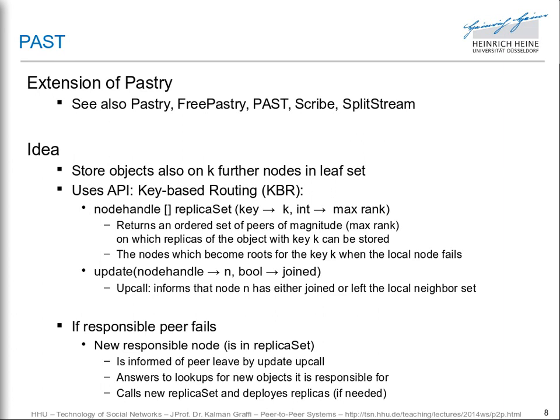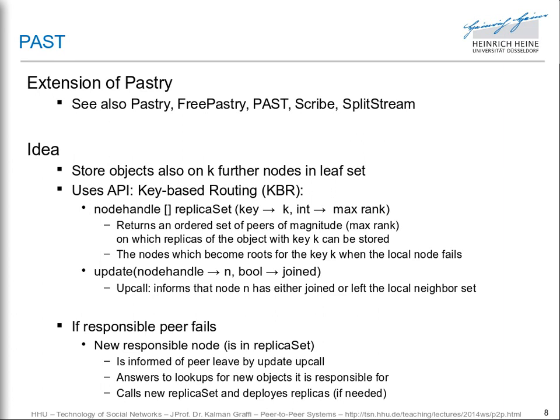The authors also developed Scribe, SplitStream, etc. And the idea is to store objects on the k closest nodes in the leaf set, instead of just storing them at independent IDs.